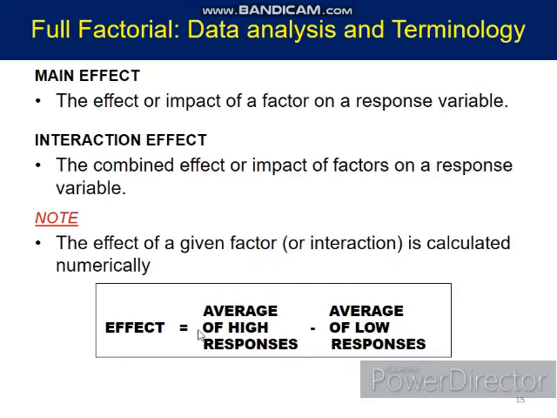In design of experiments, you are not looking at data analysis from a particular experimental run, but you look at the combined runs altogether. So when you calculate the effect of certain parameters, you're looking at the average rather than the individual response. I think once we go through the example, this will be quite clear to you.